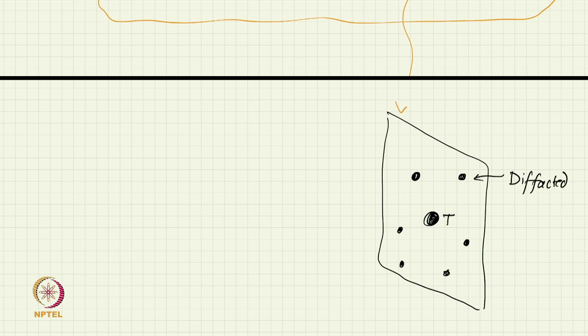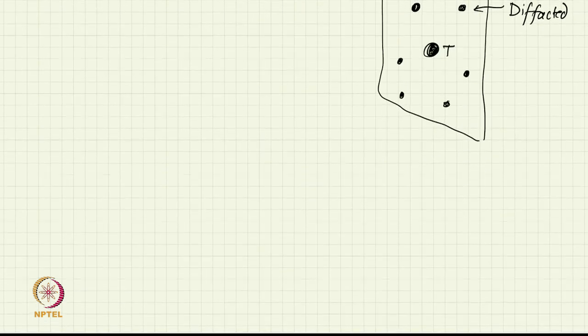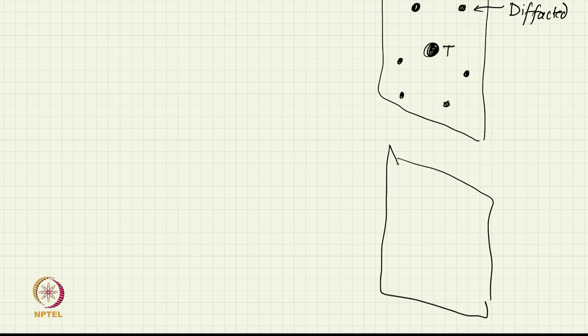Since this is how crystallography began, an idea set in people's minds, that it is not that amorphous matter does not diffract; amorphous matter also diffracts. If you put an amorphous, glassy thing, that also diffracts, only its diffraction will not be sharp spots.